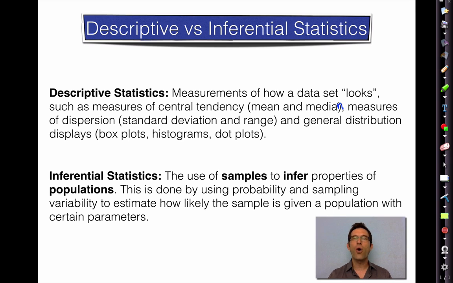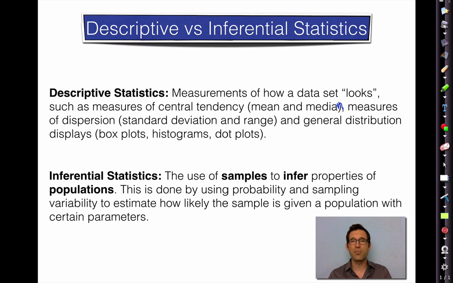In almost all practical situations, it is impossible to get data on an entire population. Sometimes it is, but the vast majority of times, especially in science, it's not. If I'm trying to measure the effect of a particular, let's say, drug in terms of immunity to a disease, I can't take everybody out there who's going to get this drug and give it to them and see what happens.